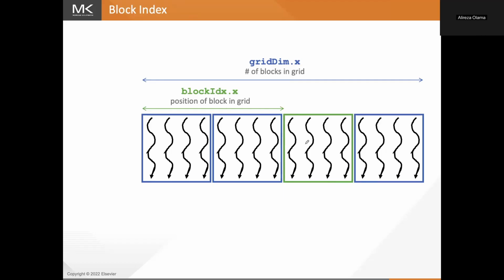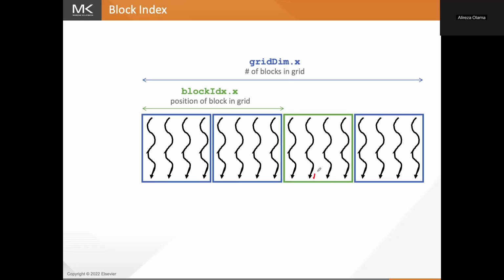So for example, if you are this thread, in order to perform computations, this thread needs to know its position in the grid, like this global position in the grid. And for computing that global position, it needs this information. So it needs to know how many blocks there are, how many threads are within the block, what its own index within the block is, and also what the block index is. So this blockIdx.x gives you the block index.